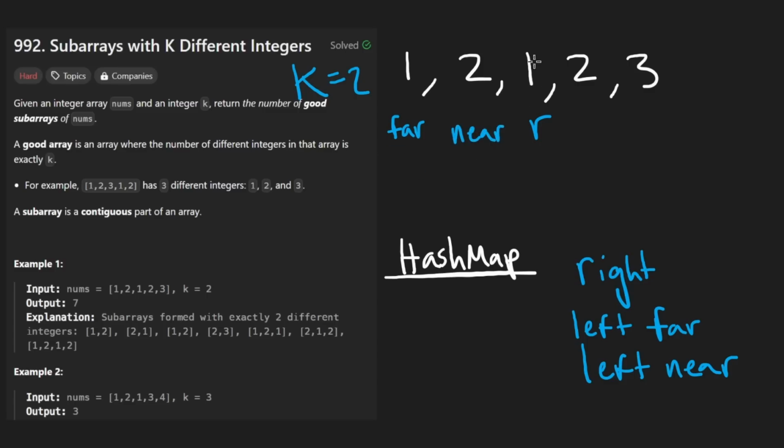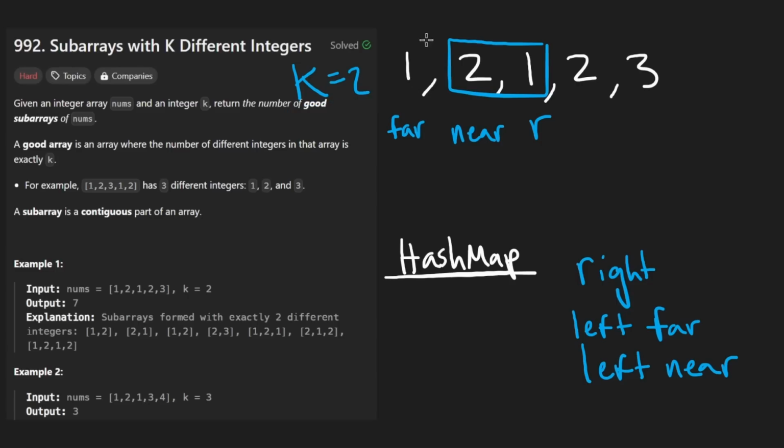This is important because we're trying to count the number of good subarrays ending at this element. That's what it's all about. And these two pointers are going to tell us how many subarrays there are, because the whole purpose of the near pointer is going to be to find the minimum window with at least k distinct elements.